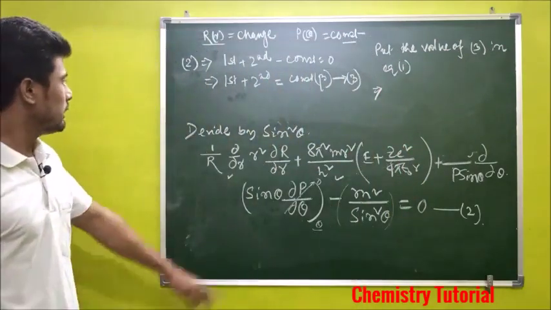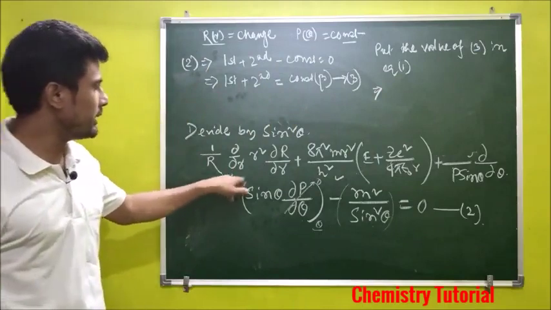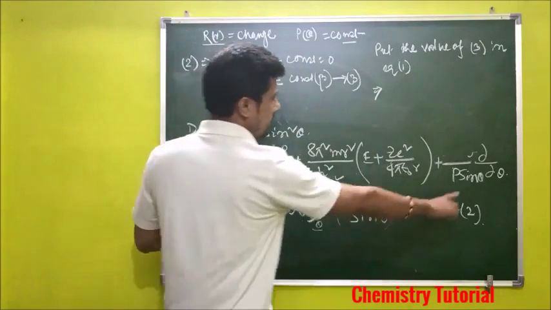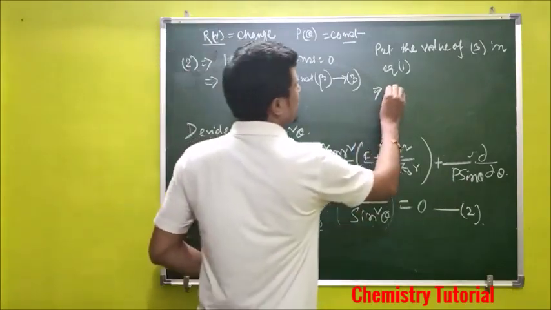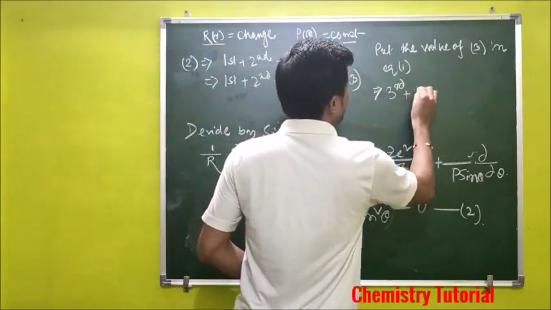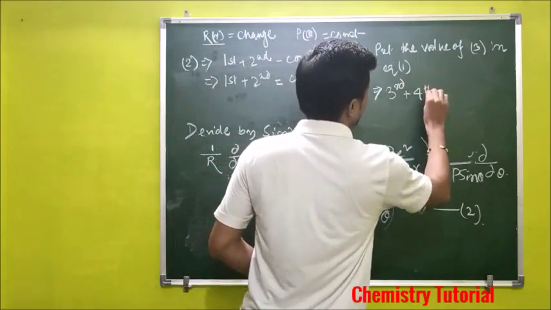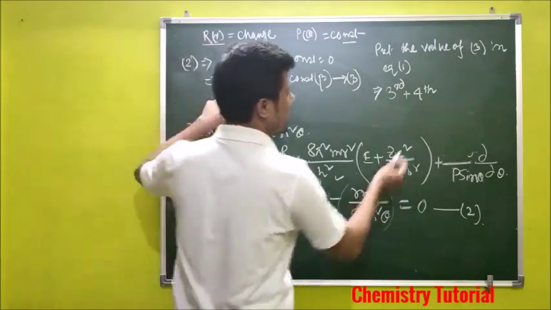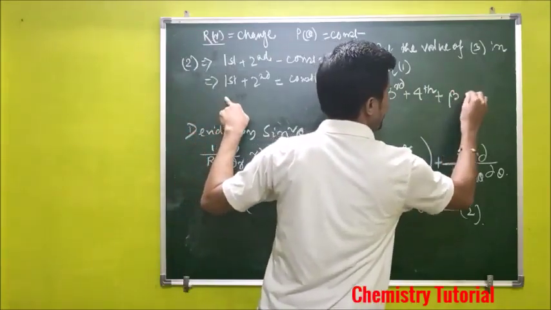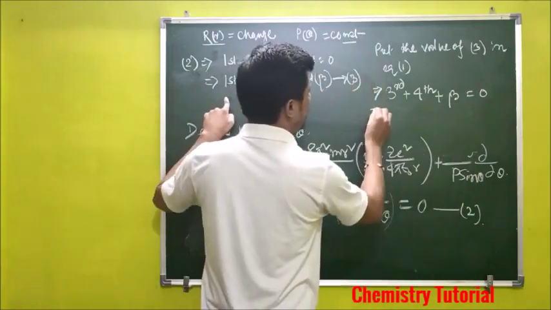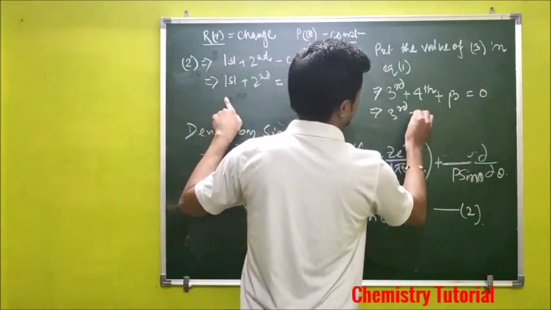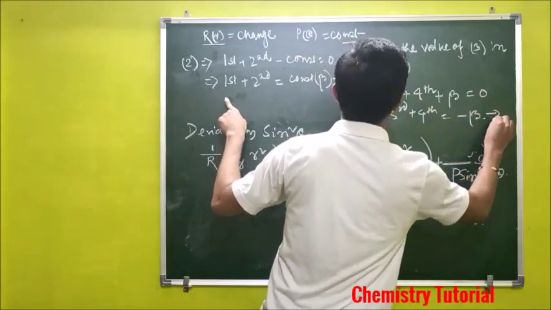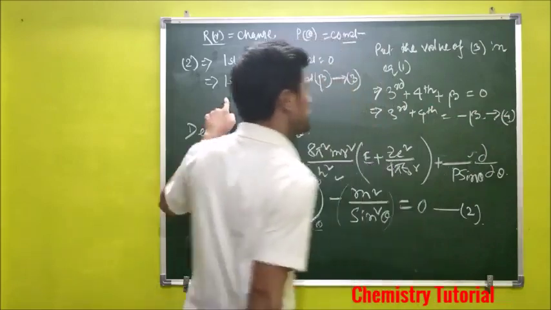We will get that the summation of the first part and the second part gives you a constant, plus the third term and the fourth term, and that constant beta is equal to 0, and the third part and fourth part is equal to minus beta. Number it as equation number 4.